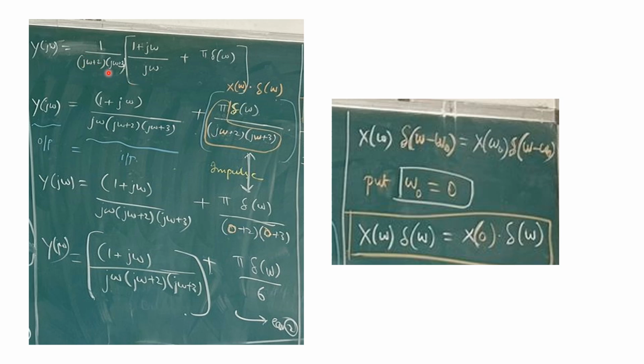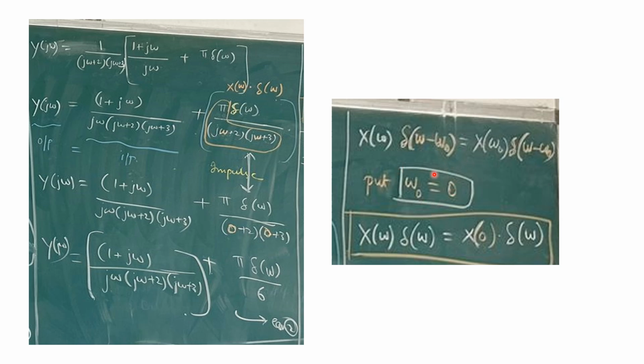Further, multiplying the outside terms with each and every independent term inside the bracket, we get (1 + jω) / (jω (jω + 2)(jω + 3)) plus a term in the form of X(ω) δ(ω). And we have a very important property of Fourier transform: X(ω) δ(ω − ω₀) is equal to X(ω₀) δ(ω − ω₀).